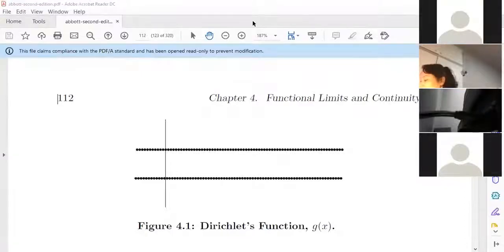And then let me now do it this way. So this is a function we're talking about. Let's call it the function g. So this will be Dirichlet's function.